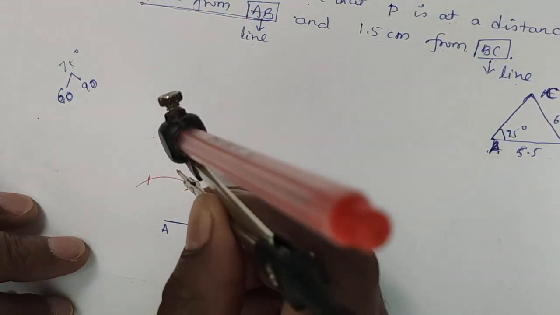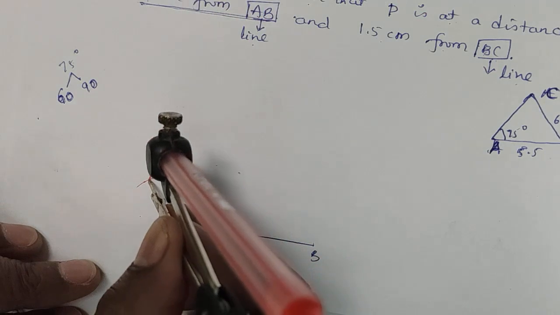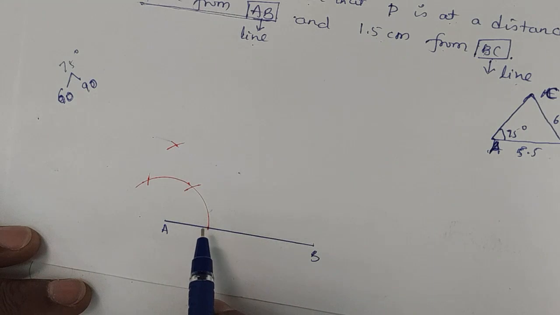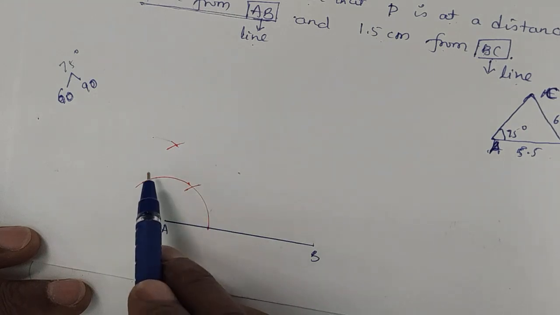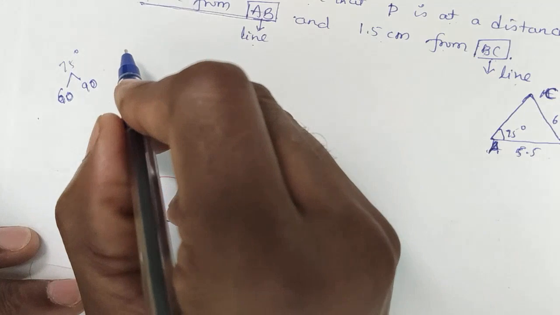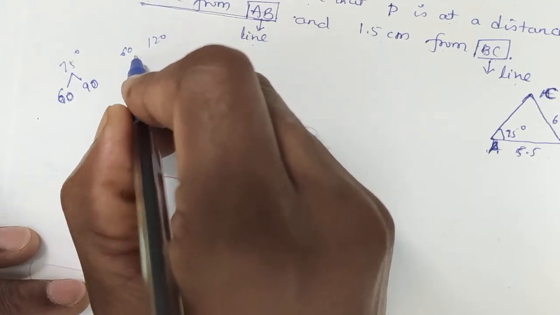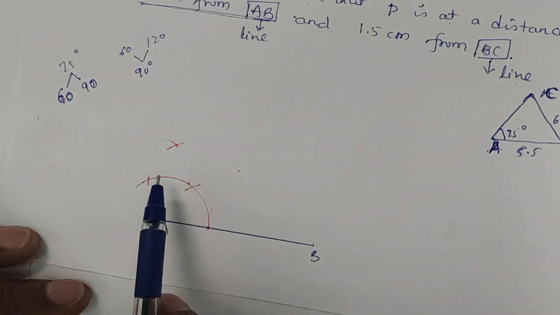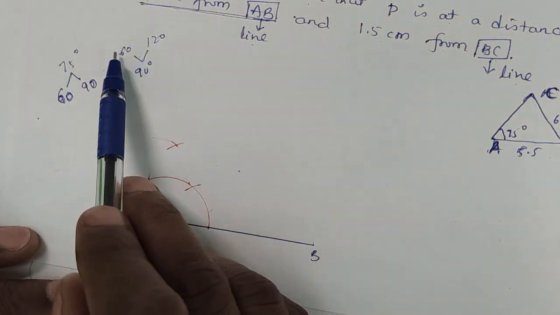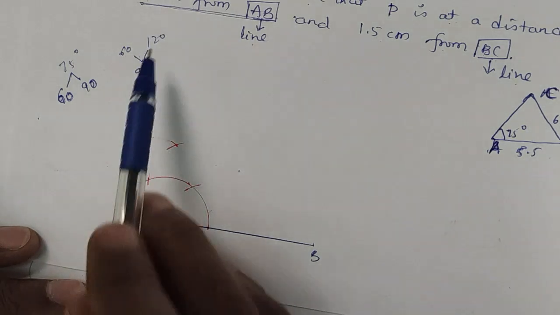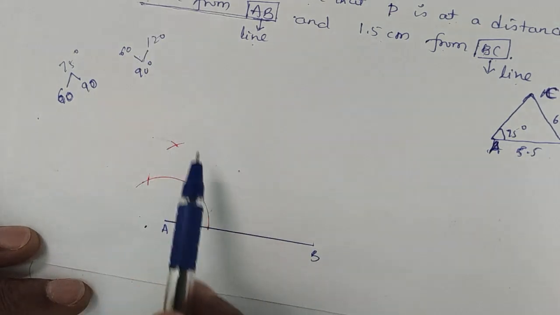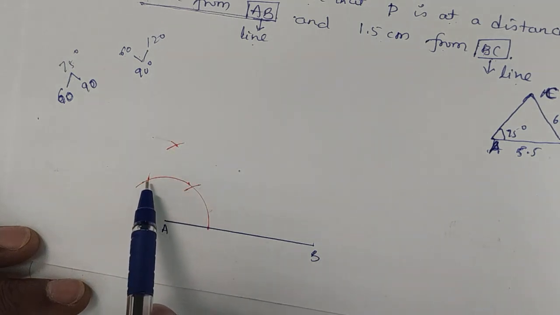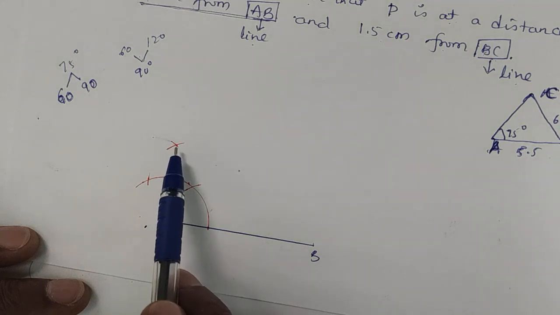Between 60 and 120, if you cut two arcs from above, this is called the 90 degree arc. If you want any angle, it is simple: if you want 90, fix which two angles it lies between. 90 comes between 60 and 120. So from 60 one arc above, from 120 one arc above. If you cut two arcs from 60 and 120, that arc is considered 90.